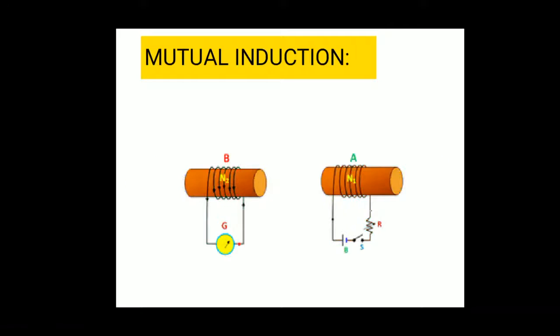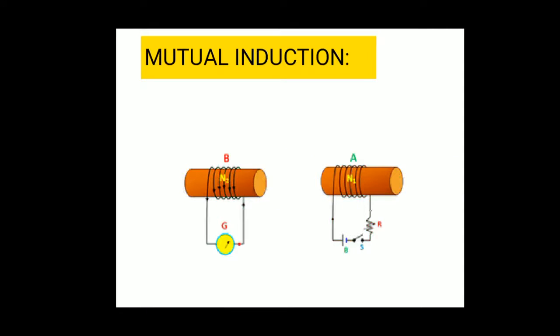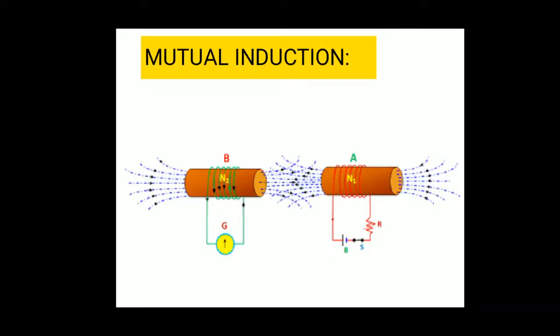See here from the figure, when the switch is closed, that means when the key is pressed, the current in the coil A increases from 0 to maximum. When current is passed through coil A, that current produces a magnetic field.